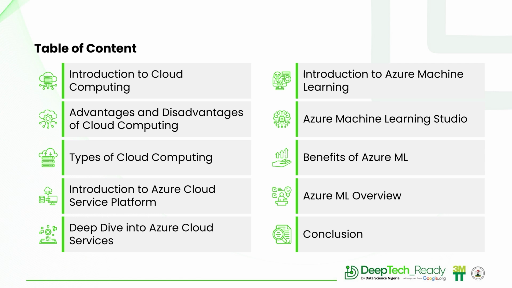We'll discuss its benefits and also provide an overview of how it empowers you to build, train, and deploy machine learning models efficiently. So whether you are new to these concepts or seeking to advance your knowledge, this session is designed to equip you with clear insights and practical skills to get started on Azure Cloud Platform. So let's jump right in and learn.